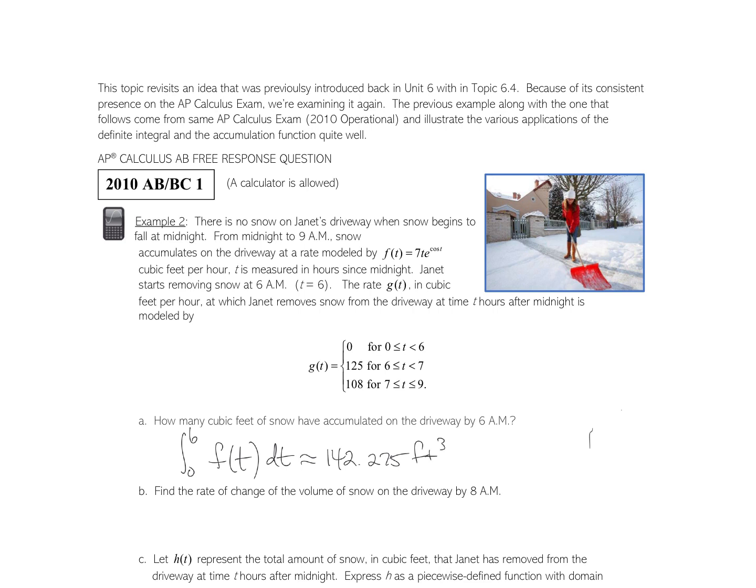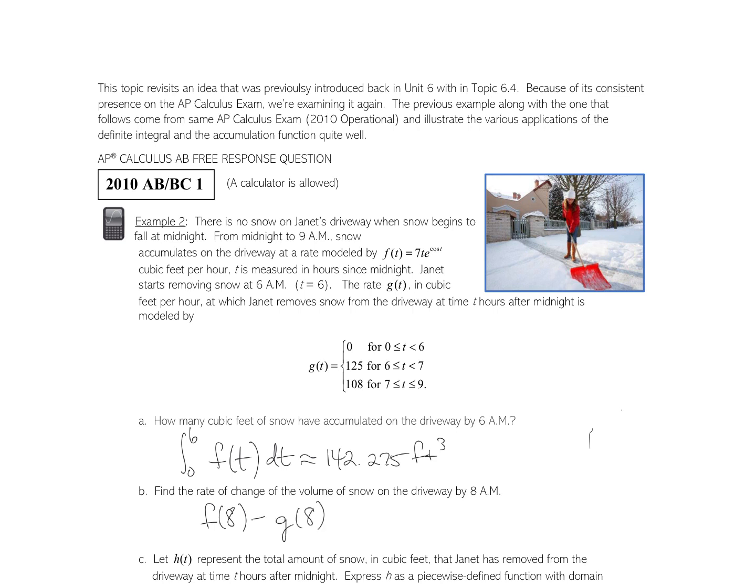All right, so now it's saying find the rate of change of the volume of snow on the driveway at 8 a.m. So at 8 a.m., the rate of change would be F of 8 minus G of 8.